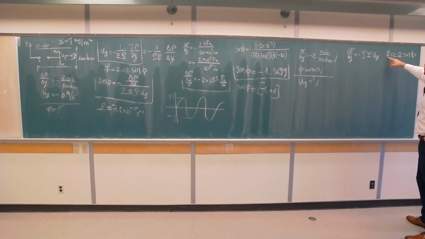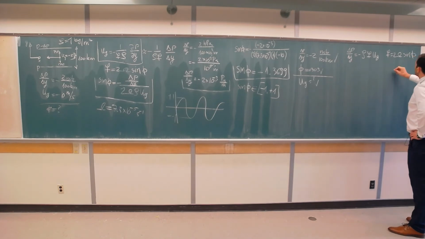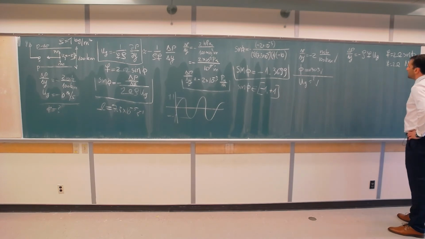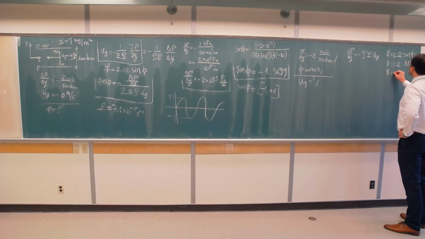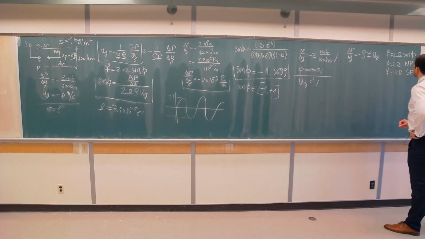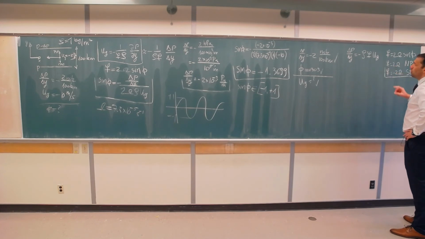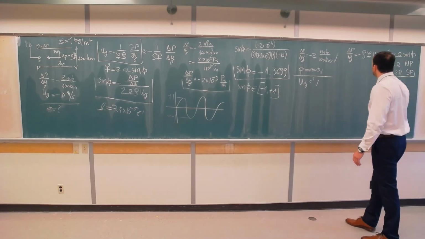The highest value of F is at either south or north poles, so F is equal to 2 omega for the north pole, because sine of 90 degrees is 1, or F is equal to minus 2 omega for the south pole, because sine of minus 90 degrees is minus 1. So F cannot exceed 2 omega in absolute values.